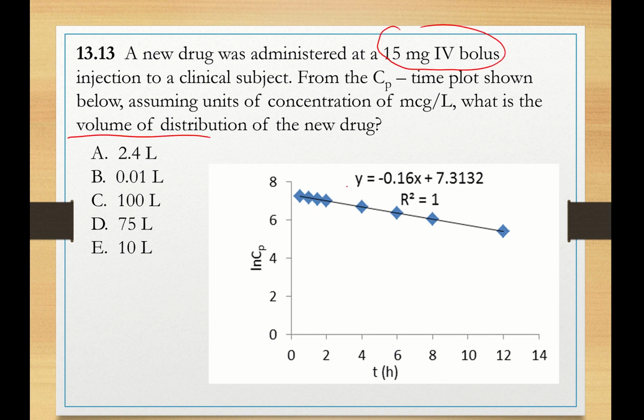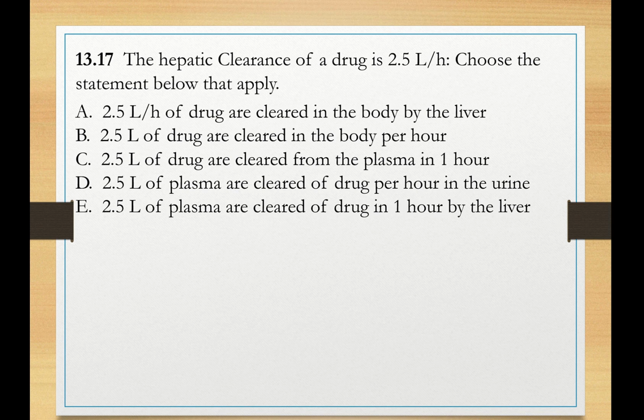Okay, and you are given the best fit equation. Here, it's a theory question that essentially you have to choose the correct statement that correctly states the definition of clearance.